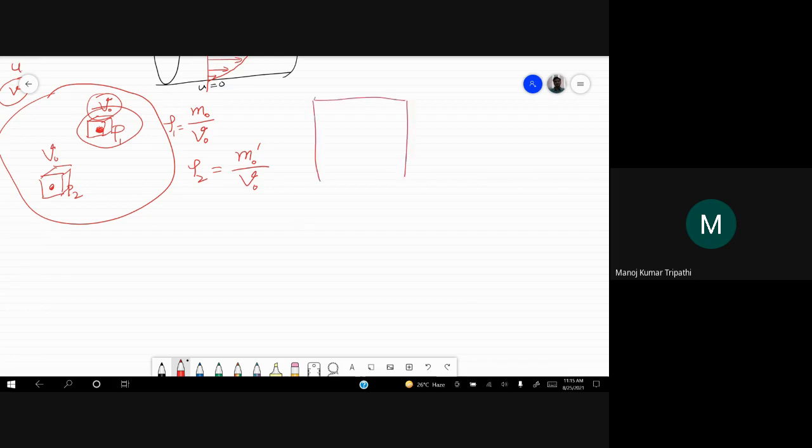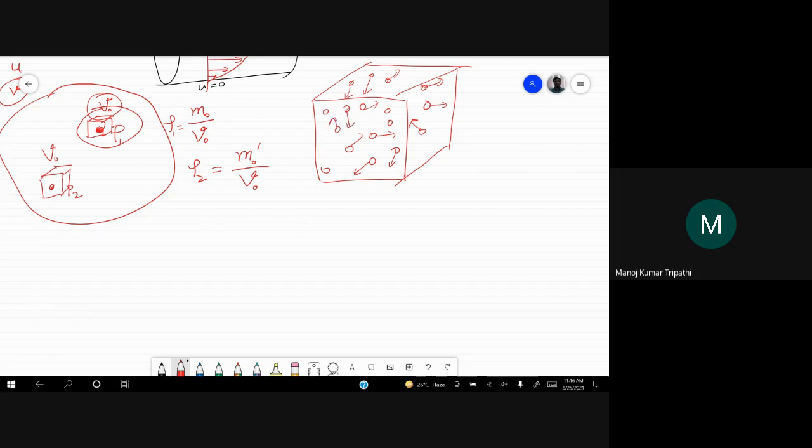Let's say this is my volume at nanometer scale. You will see a lot of molecules moving here and there. Okay, if it is a fluid, these molecules will be moving here and there.